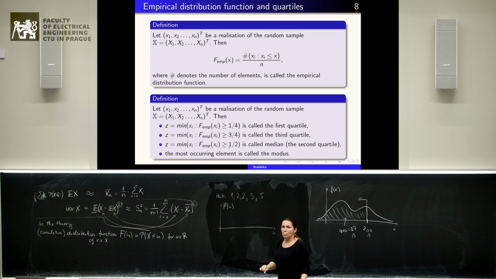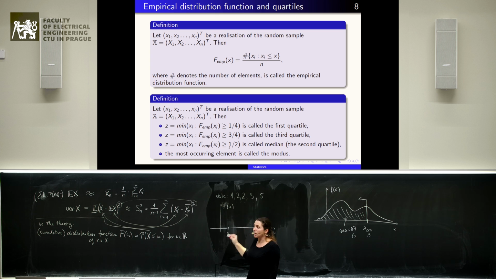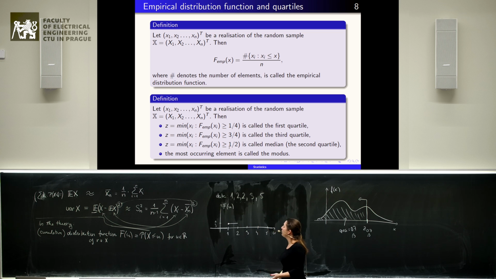then with probability 0, the value taken from the sample is less than 1, because it is impossible to choose a number less than 1. Then, with probability 1/5, we choose the number which is less or equal to 1. And the same probability holds for all numbers between 1 and 2.